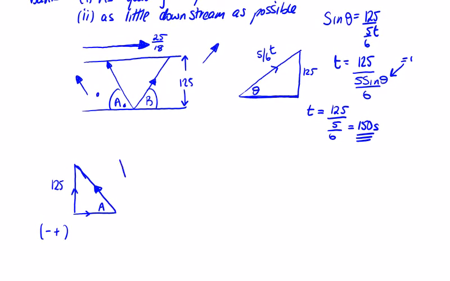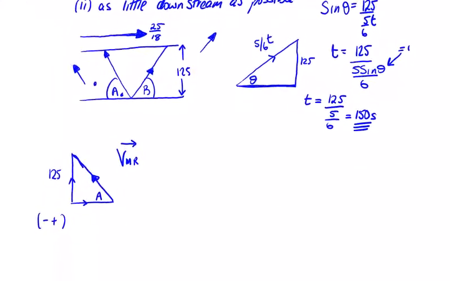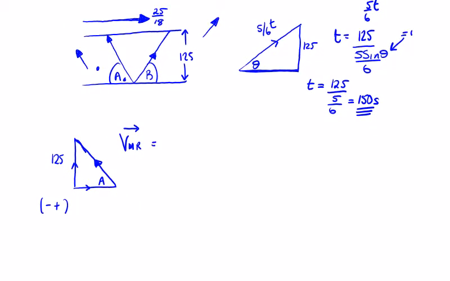So the velocity of the man relative to the river, the woman relative to the river, I think it says a man in the question, not to be sexist, the man, is equal to minus 5/6 cos A times I, plus 5/6, because I is adjacent here and J is opposite, plus 5/6 sine A times J. We know the velocity of the river from up here.